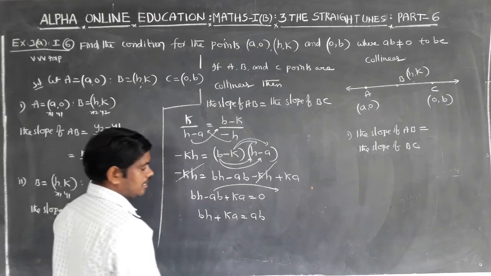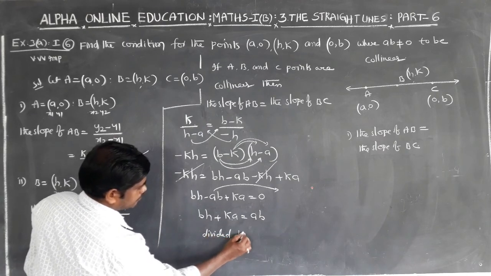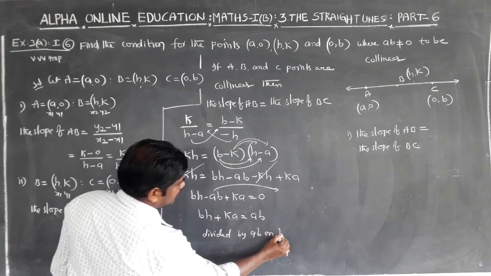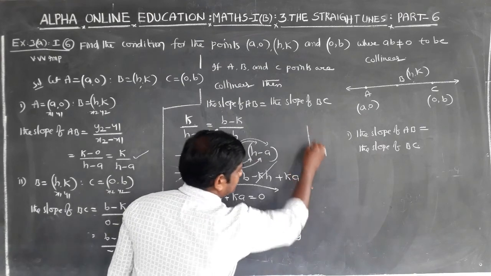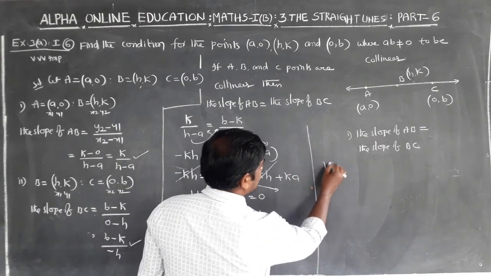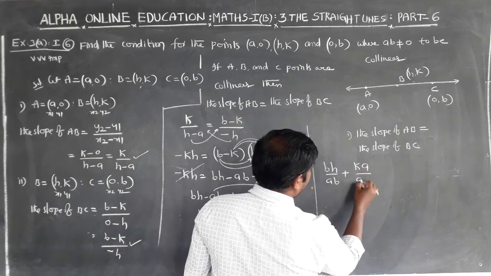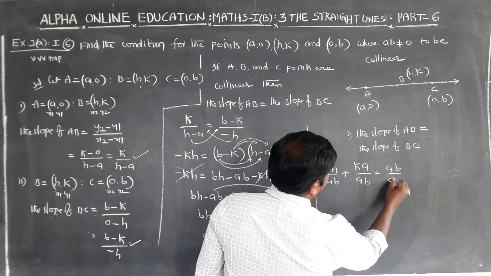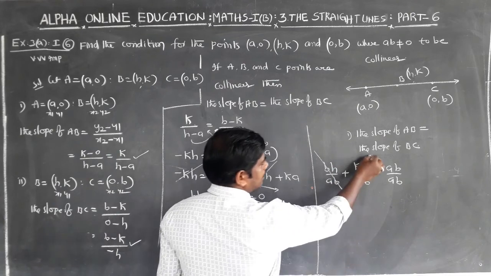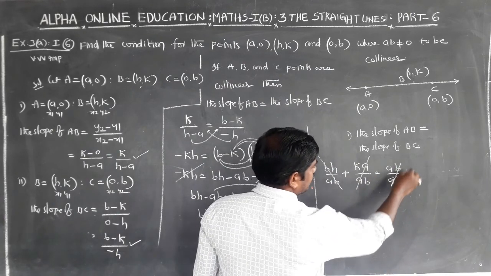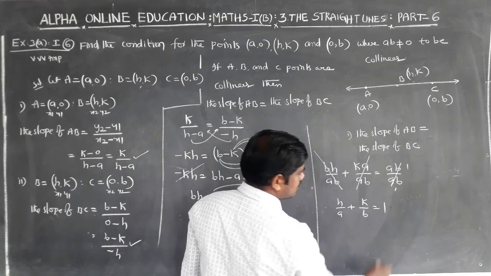Dividing both sides by ab, bh by ab plus ka by ab is equal to ab by ab. Here b cancels, a cancels, ab cancels. So h by a plus k by b is equal to 1.